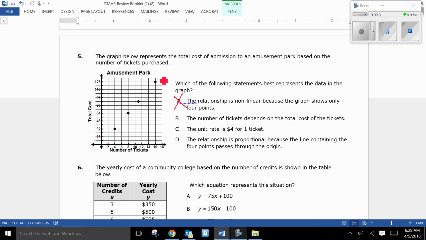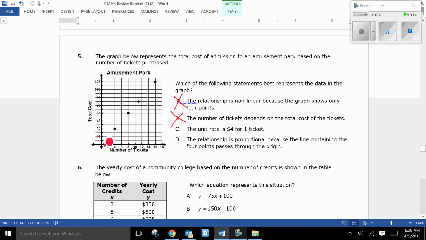The number of tickets depends on the total cost of tickets. So the number of tickets is not going to depend on the cost. The cost is going to depend on the ticket. So B is not right. The unit rate is $4 for 1 ticket. So let's look. 1 ticket is about right here.